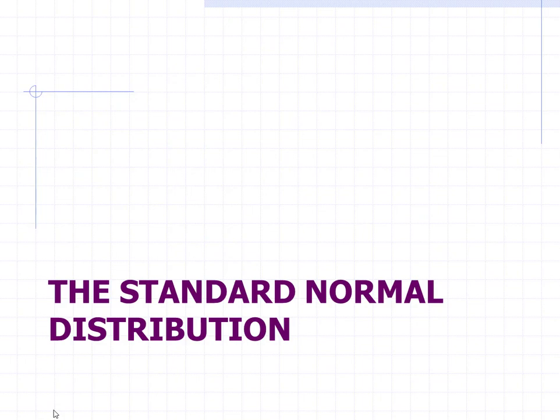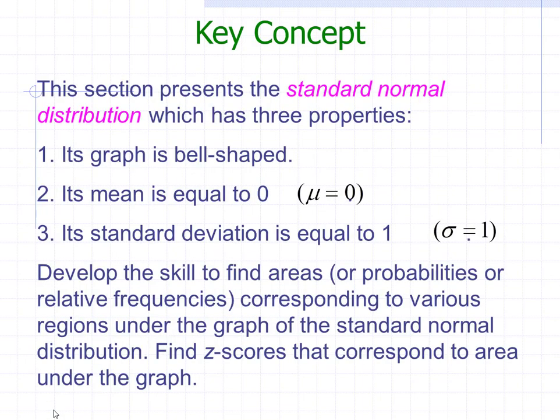So it's determined by the values of the mean and the standard deviation. And so let's talk more about the standard normal distribution. Again, the standard normal distribution is bell-shaped. The mean is equal to 0 and the standard deviation is equal to 1. So we would write that as a normal distribution with a mean of 0 and a standard deviation of 1.